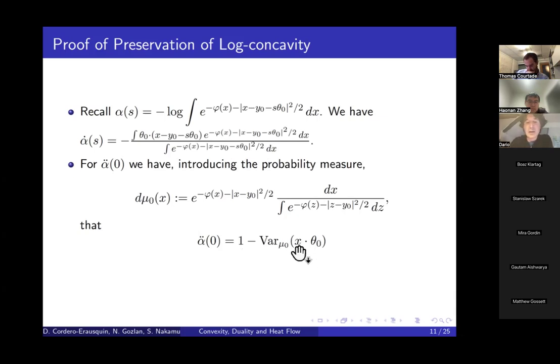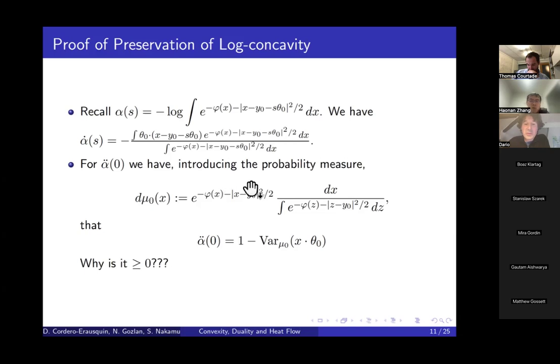And then what I have left is two terms. And if you compute it correctly, it's exactly the variance, as a function of x, of the function x dot θ0.